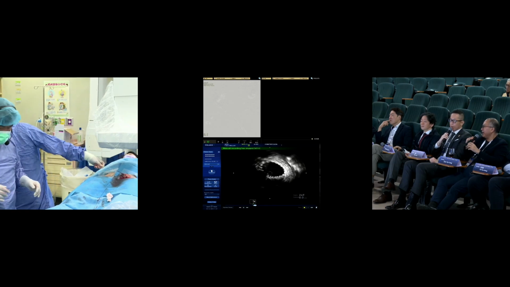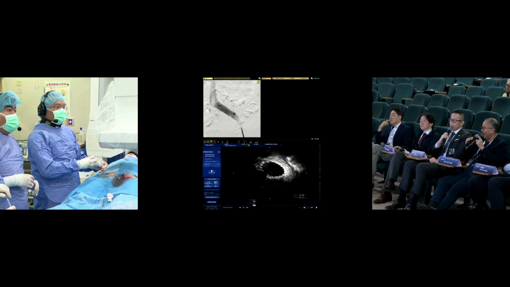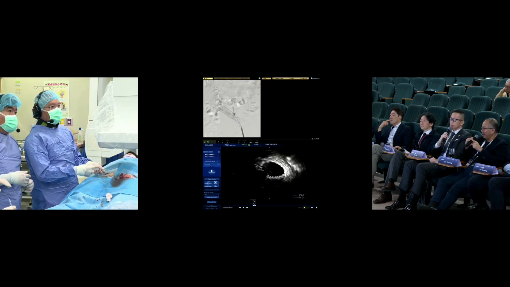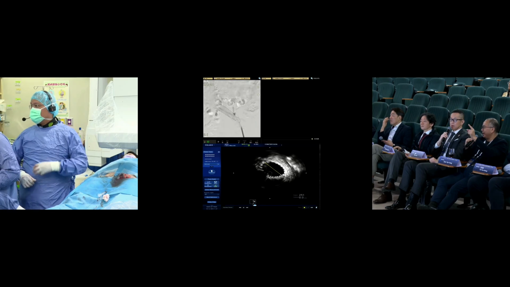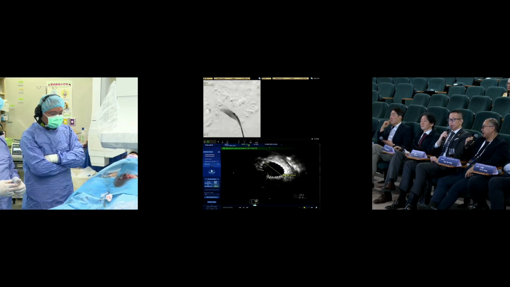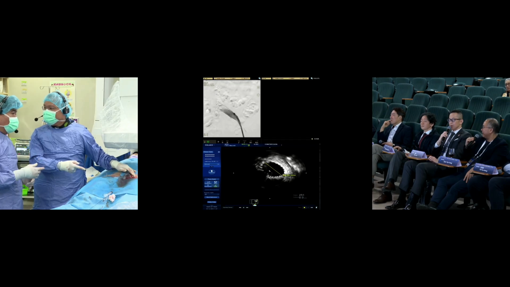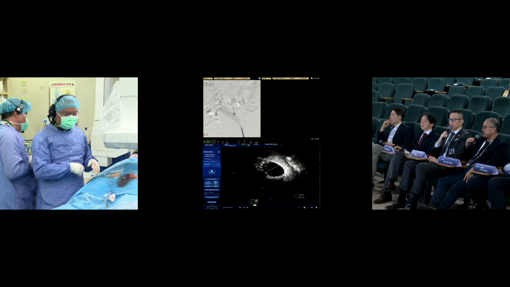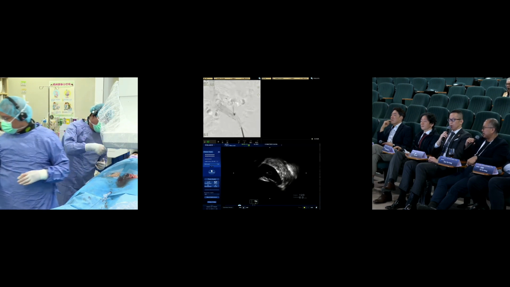They are compressed in different regions, like at the iliofemoral junction and also the iliac confluence, where they do get compressed. So you need to make sure that they are fully expanded. That's why I do IVUS measurements pre and post stenting to see if there's a big effect. So I think that's quite important.